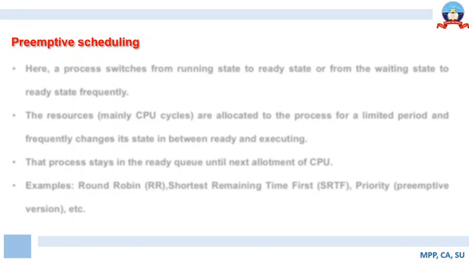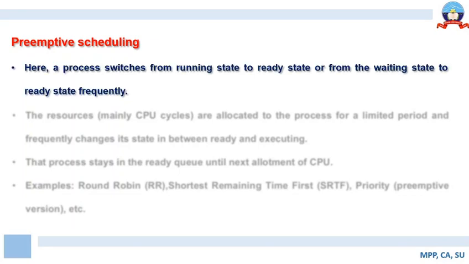In case of preemptive scheduling, a process switches from running state to ready state or from waiting state to ready state frequently, because there is a process that is preempting the execution of the process, so that makes the previous process reside in the ready queue, and then the execution will resume once the execution of the latter process is over.